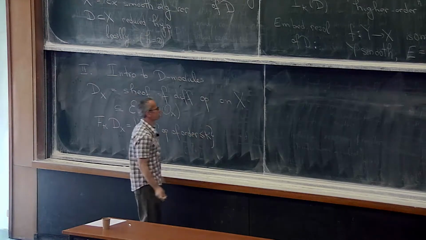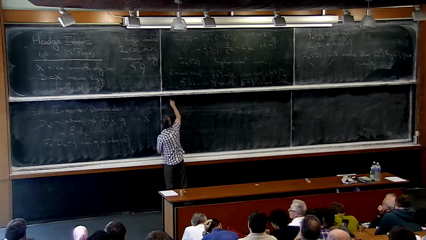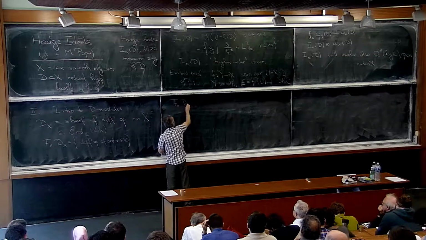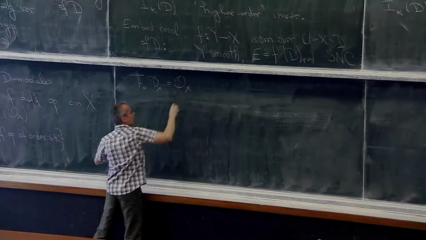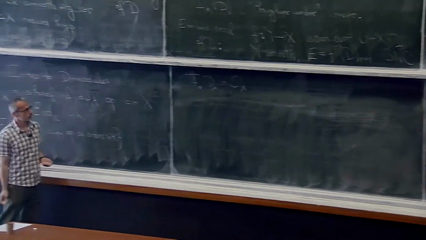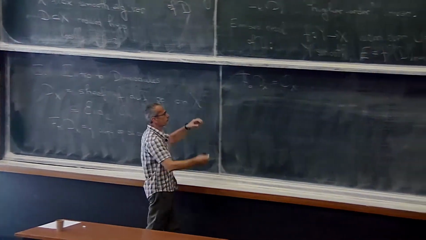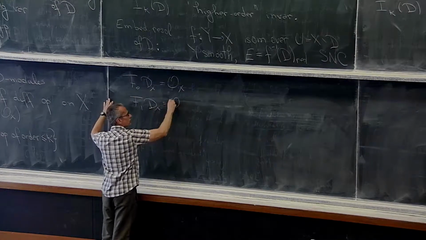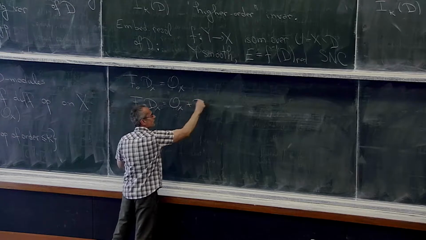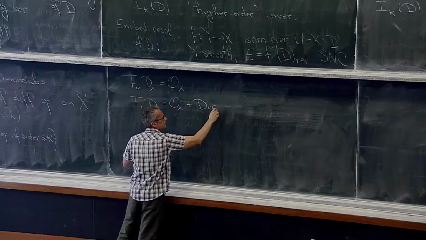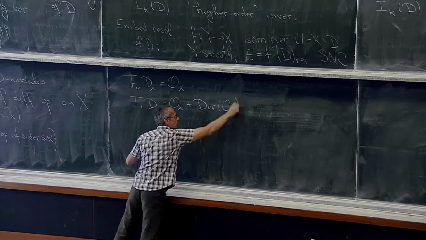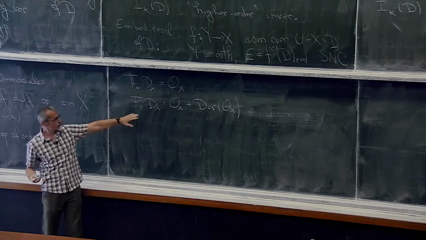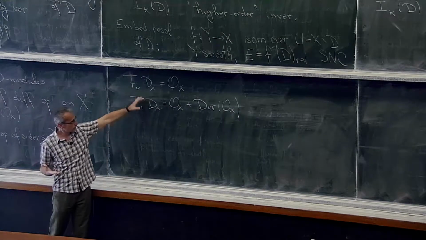So for example, F0 is given just by multiplications by regular functions. And F1 is given by functions plus derivations. Okay, and in general, Fk is generated by k-fold products of objects in F1.